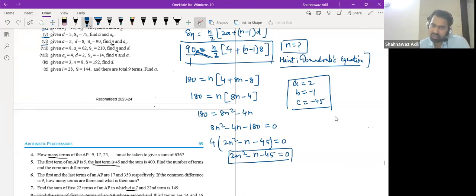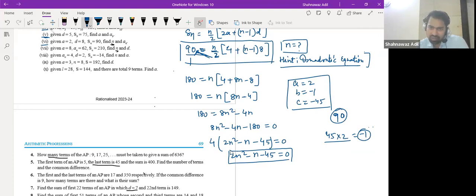Because A into C is 90, we have to factorize this 90. So what would be the factors? 45 and 2. Can we get minus 1 from this? If we add 45 and subtract, can we get minus 1?